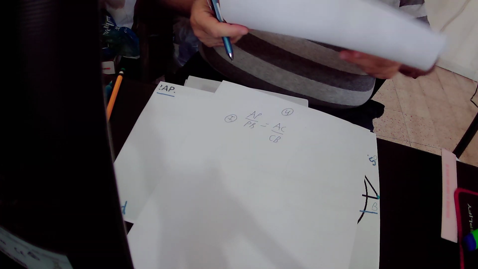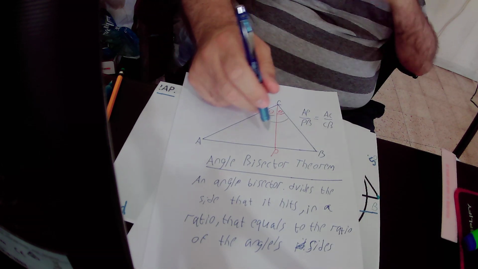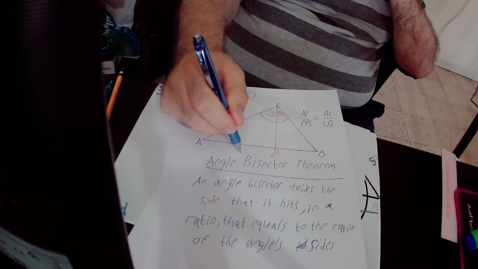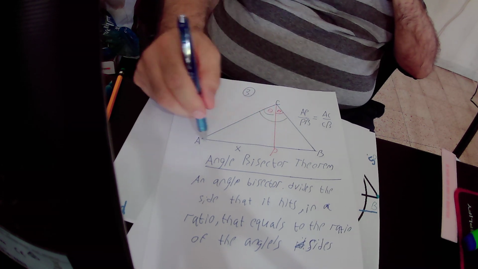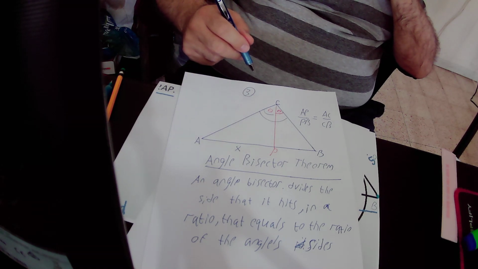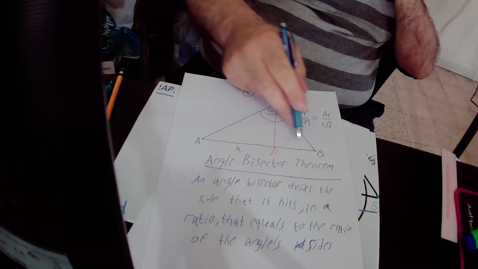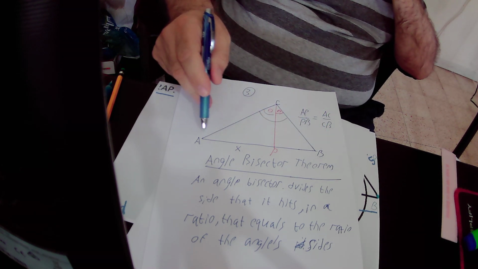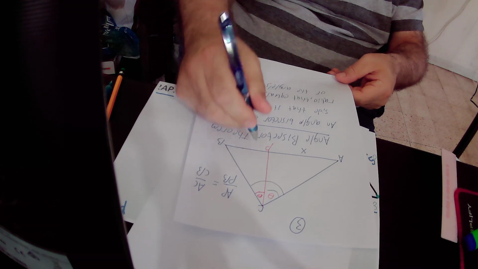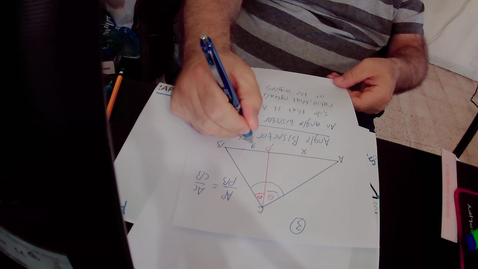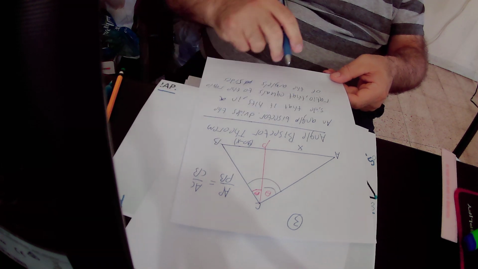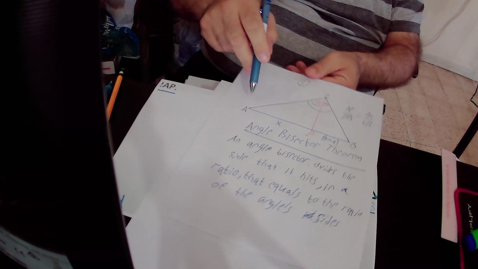Now we will define that AP equals X, so PB will be equal to AB minus AP, that is to say 90 minus X, because AB equals 90 units.